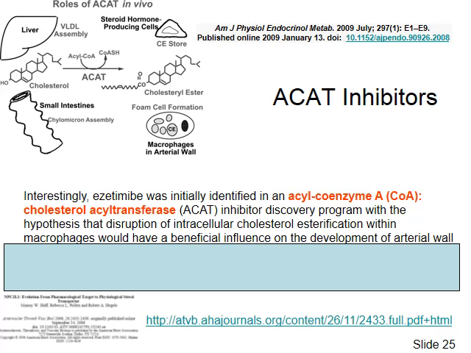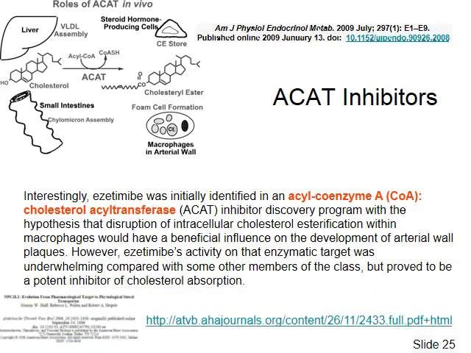And it was thought that disruption of the esterification of cholesterol within macrophages would have a beneficial influence on the development of arterial wall plaques. But when the activity of ezetimibe upon ACAT was studied in the lab, it was found to not be that dramatic. And it was later found to be a potent inhibitor of cholesterol absorption through the NPC1L1 receptor.